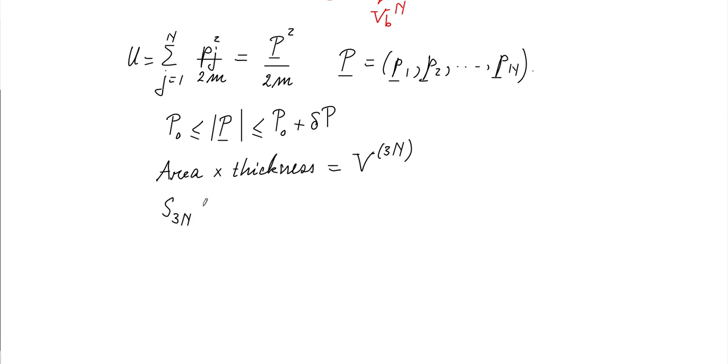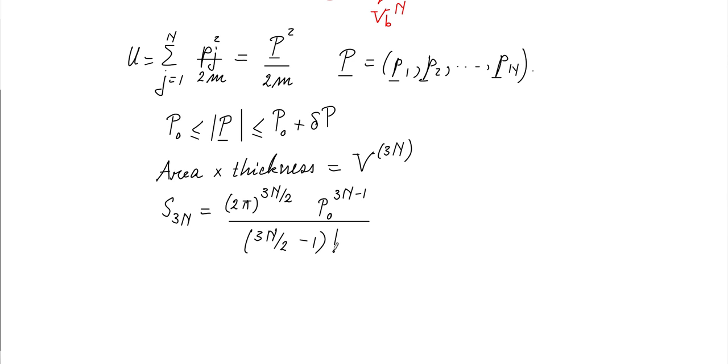It's S3n, and that's given as 2 pi to the power 3n over 2, times P0 to the power 3n minus 1, and this should be divided by (3n over 2 minus 1) factorial.